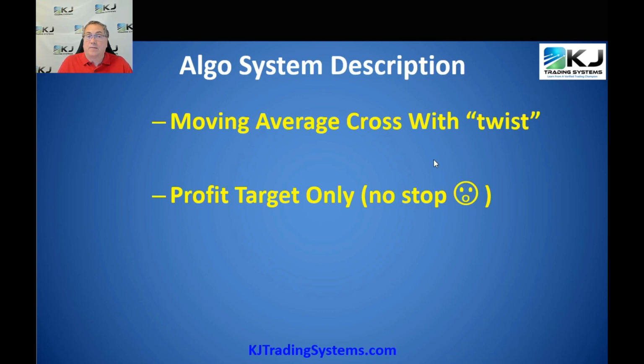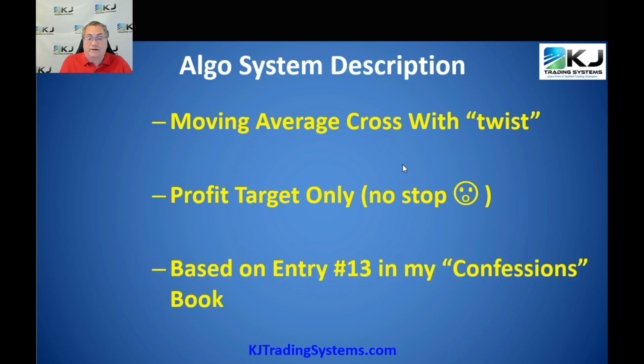And usually the performance over time is better. It's a little scary not having a stop in the market, but a lot of times, if you build the strategy correctly, you don't necessarily need it. It's something you have to test. But this one only has a profit target.